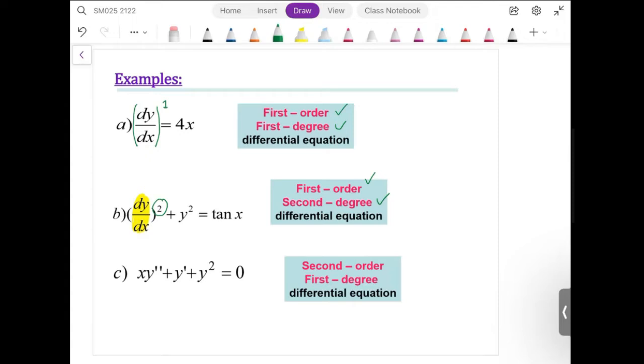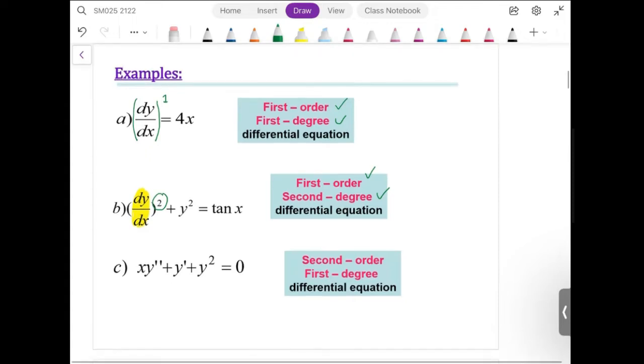Last one, we have x y double prime plus y squared equal to 0. Focus on y double prime. We have two primes, and the highest one is the double prime. Double prime means d squared y over dx squared, everyone already knows this.